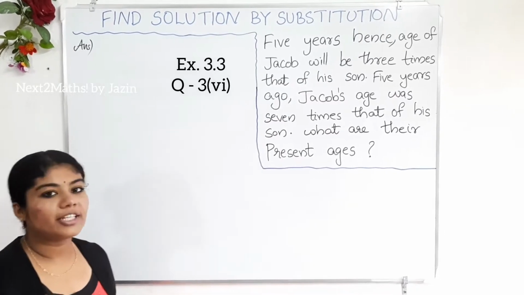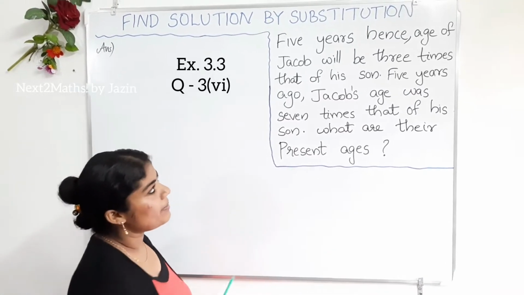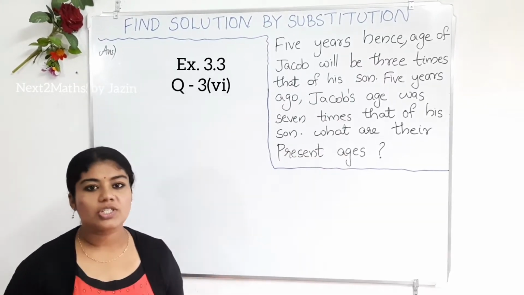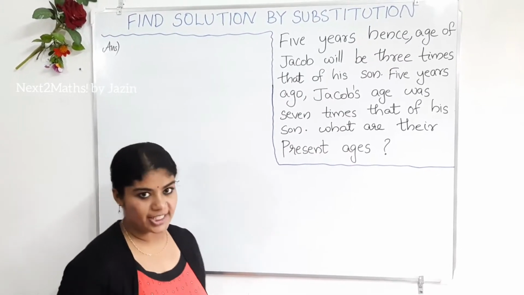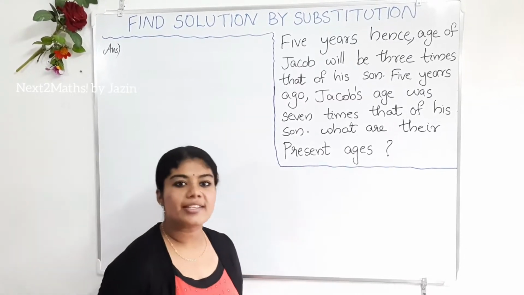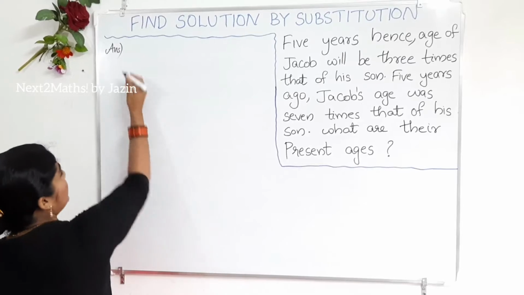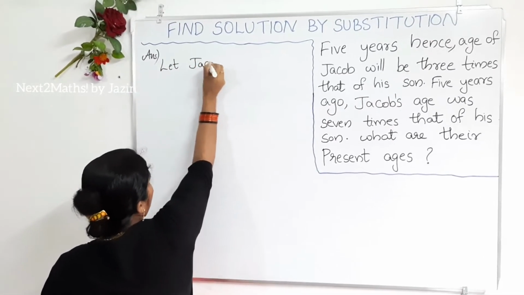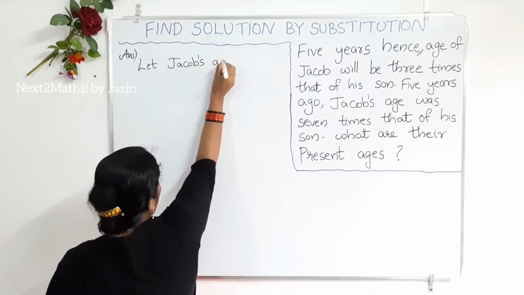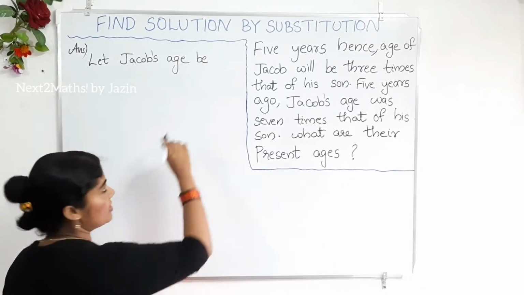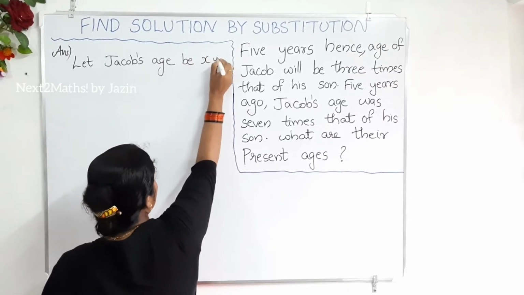So here in the question, Jacob is there and Jacob's son. We don't know their ages, they are unknown. So we have to take Jacob's age as x. Let Jacob's age be x years.